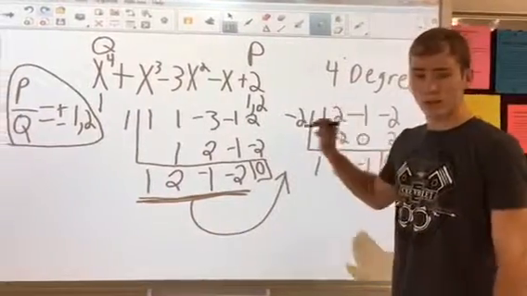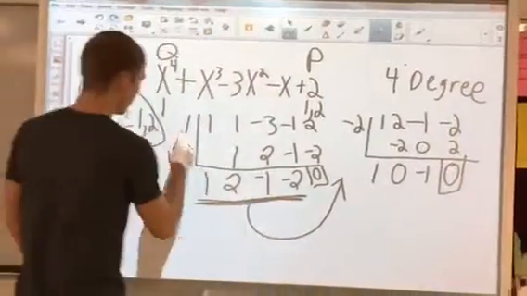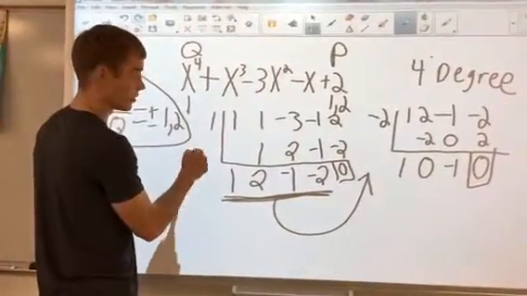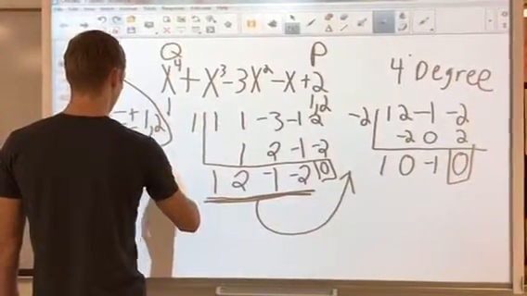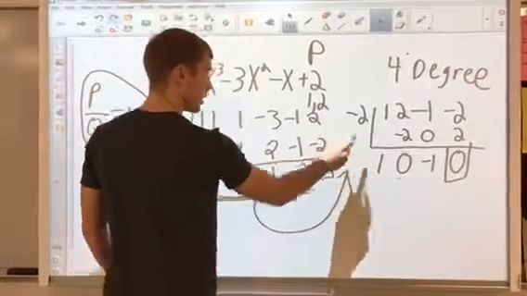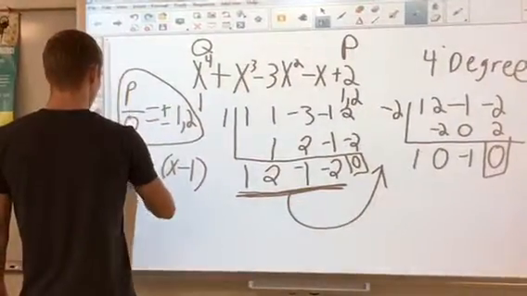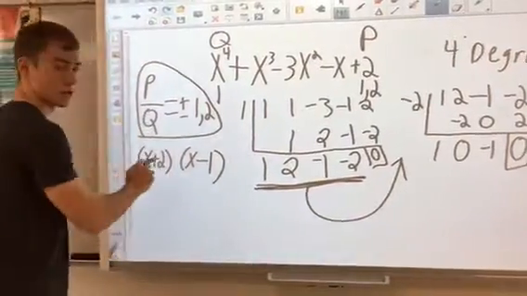So what this is basically telling you is that x equals 1, since it's a 0, means x minus 1 is a factor. And the same with this one, x equals -2 means x plus 2 is also a factor.